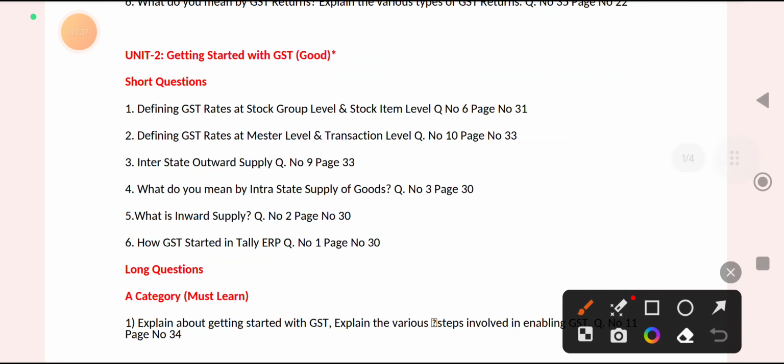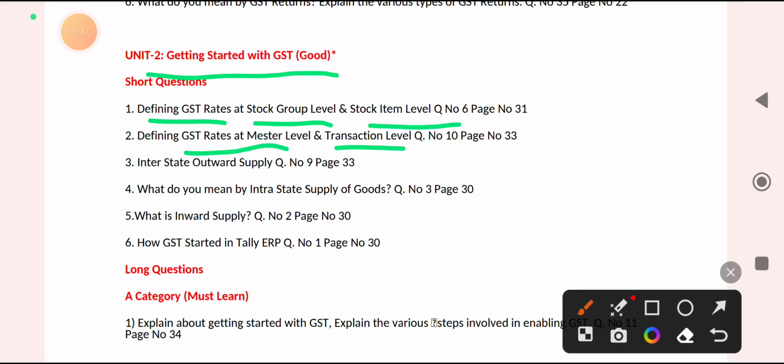Then second unit, getting starting with GST, defining GST rates at stock level, group level, stock item level, and master level, interstate outward supply. What do you mean by interstate supply, inward supply, and GST starting, how GST started in ERP 9.